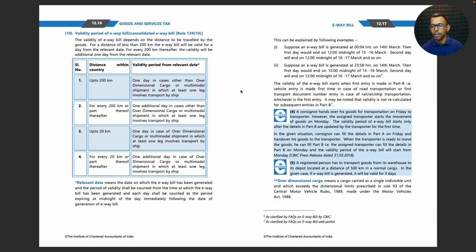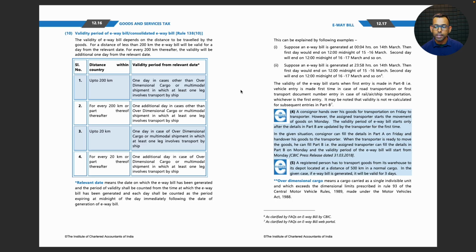A consignor hands over his goods for transportation on Friday to transporter. However, the assigned transporter starts the movement of goods on Monday. The validity period of e-Waybill starts only after the details in part B are updated by the transporter for the first time. In the given situation, consignor can fill the details in part A on Friday and hand over his goods to the transporter.